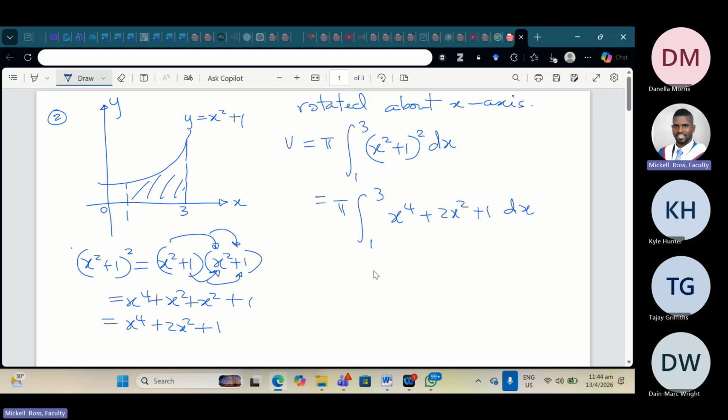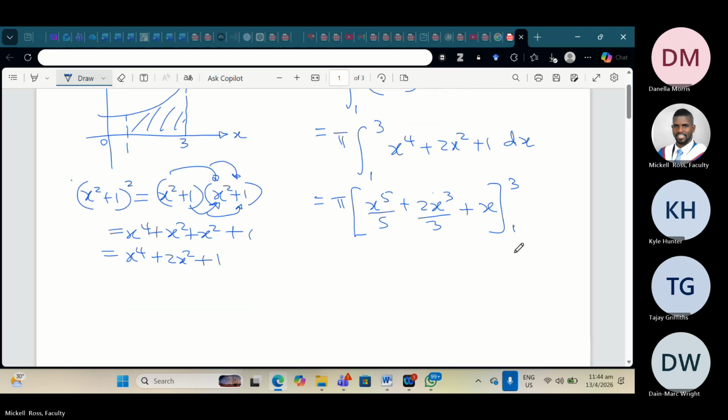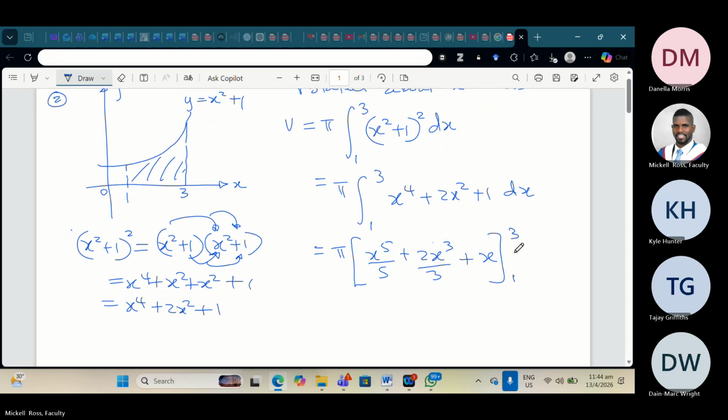So we integrate as is, add 1 to the power, divide by the new power. So we're going to get x to the fifth over 5 plus 2x cubed over 3, plus x, the integral of a constant, and we're going from 1 to 3. So what we can do is just integrate it and then multiply by pi.